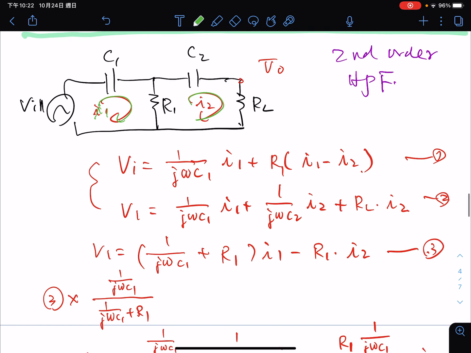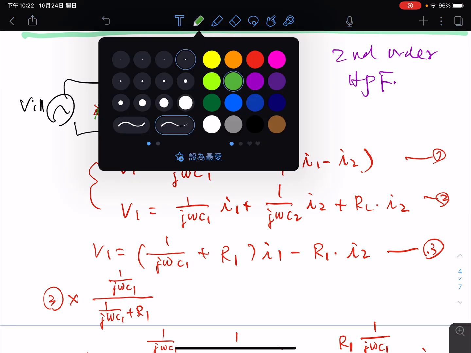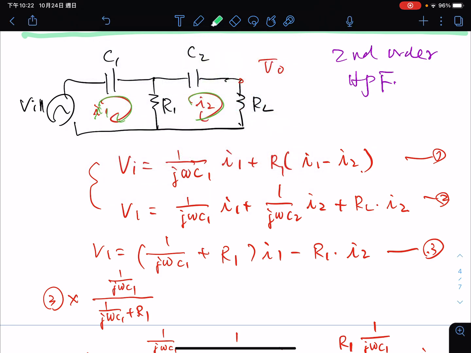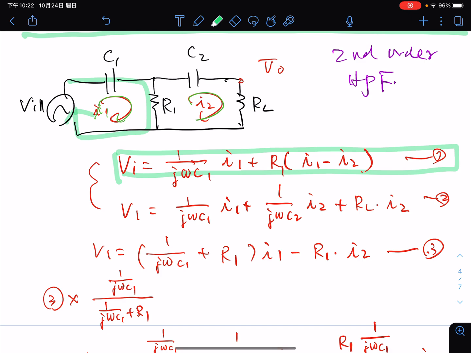And we use this loop. We can have the first equation like this formula: V in will be equal to I1 multiplied by the impedance of the capacitor, and also we have this one, the I1 minus I2 multiplied by R1.